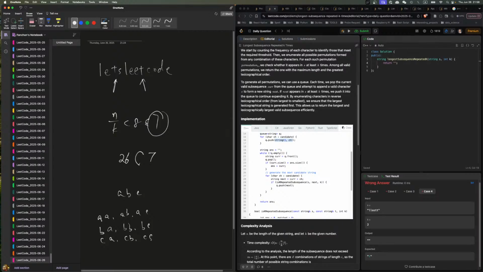I think I know what it means by 2 to the power of 7. I think I know. Right? Because if length is 3... hold on, I don't think I know. Length is 3, so we have ABC, that's 1, and then we have this, that's already 9.